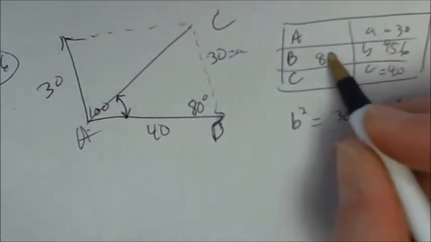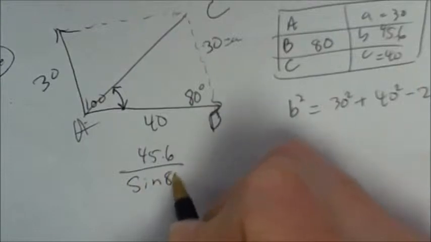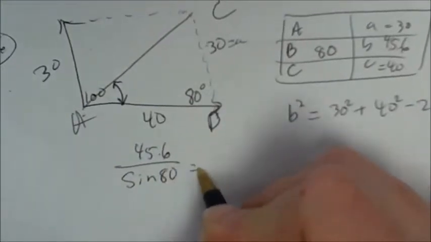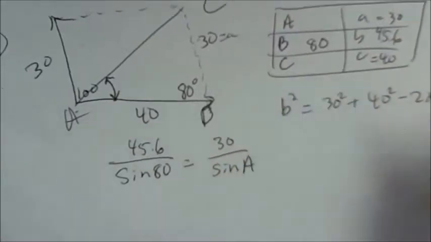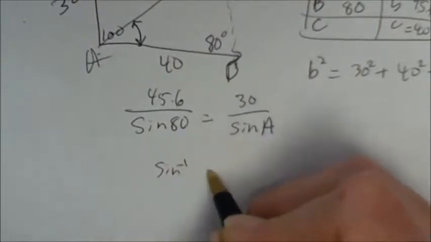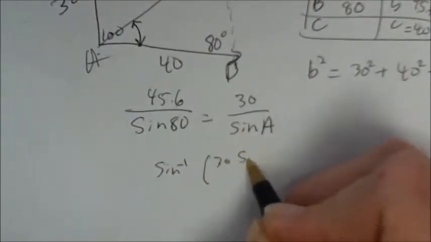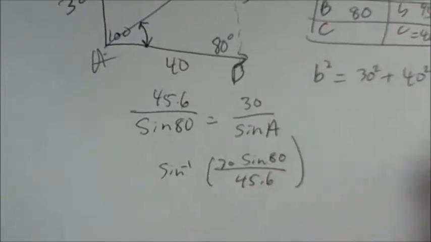So b over the sine of B, 45.6 over the sine of 80 is equal to, they want angle A, so it's 30 over the sine of angle A. Cross multiply, do your arc sine, 30 times the sine of 80 all over 45.6.